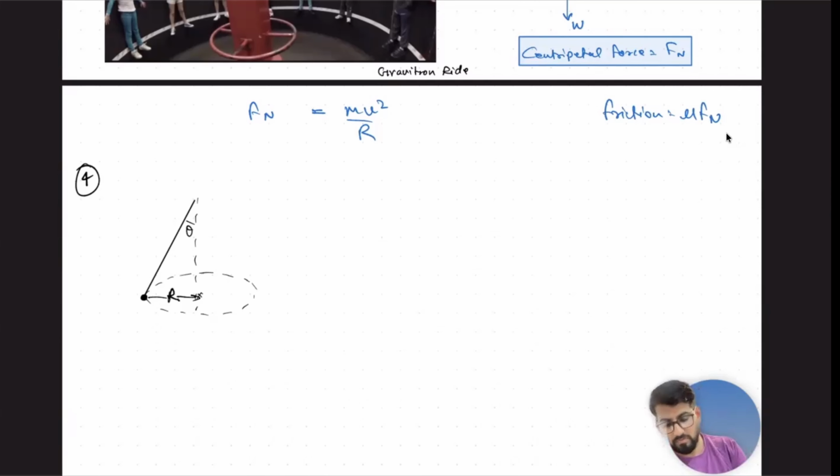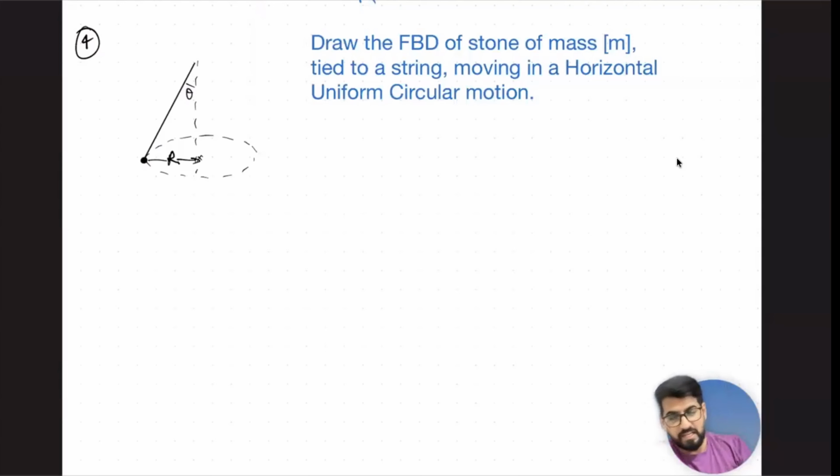So can you draw the free body diagram of this object? Let us say the object has a mass m. I asked you simply to draw the free body diagram of a stone of mass m tied to a string moving in a horizontal uniform circular motion. The angle with the vertical is theta, the radius is r.